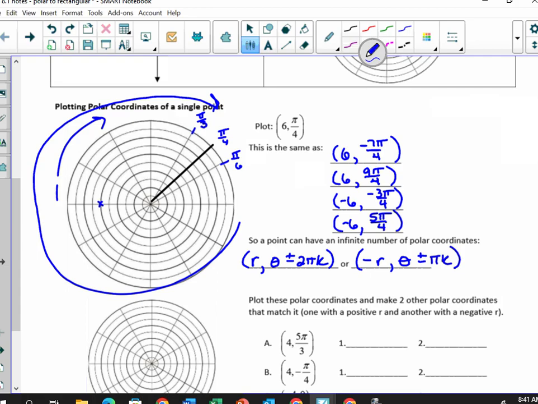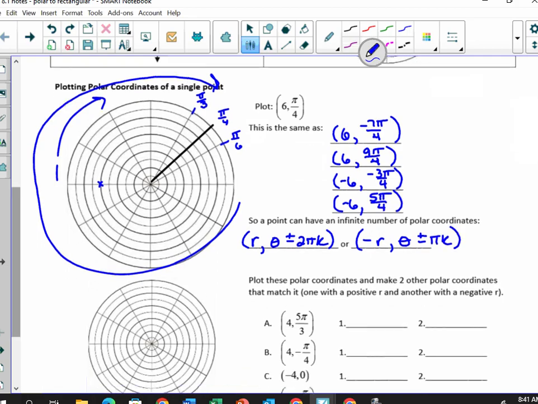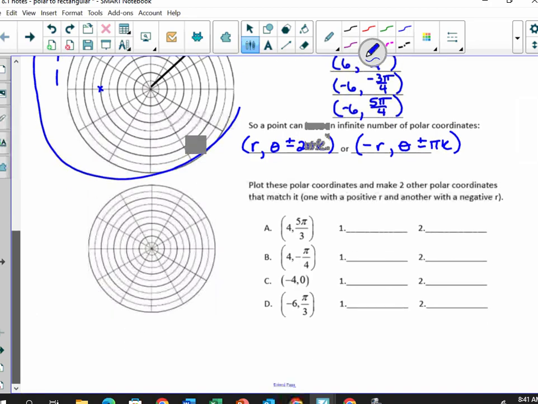Okay, try to plot some points for me and try to name other names for them. So plot A, B, C, and D, label them, and then come up with some other ways you could name those. I'll give you a minute here.